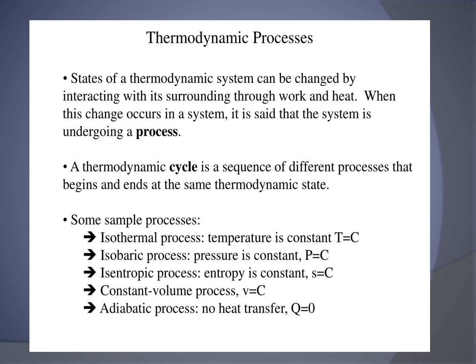Next, irreversible process. The process in which the system and surroundings cannot be restored to the initial state from the final state is called an irreversible process. All the processes occurring in nature are irreversible processes.